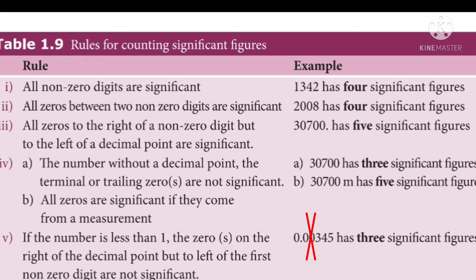Hence this number has 3 significant figures. So the first three zeros, 0.00, are not significant, but the numbers 3, 4, 5 are significant. When the number is less than 1, all the preceding zeros are not significant.